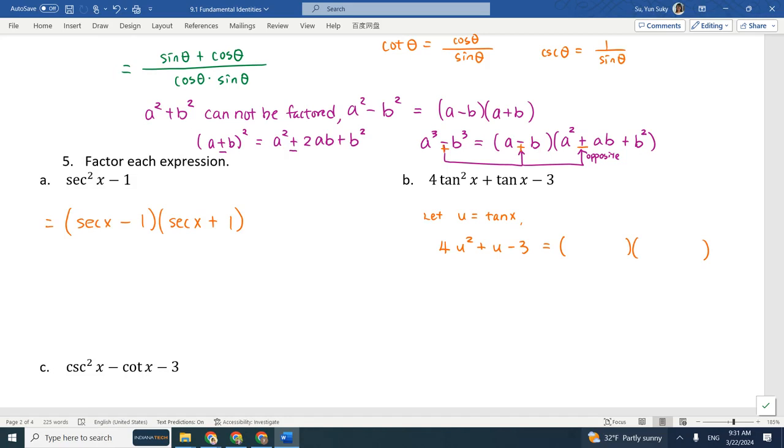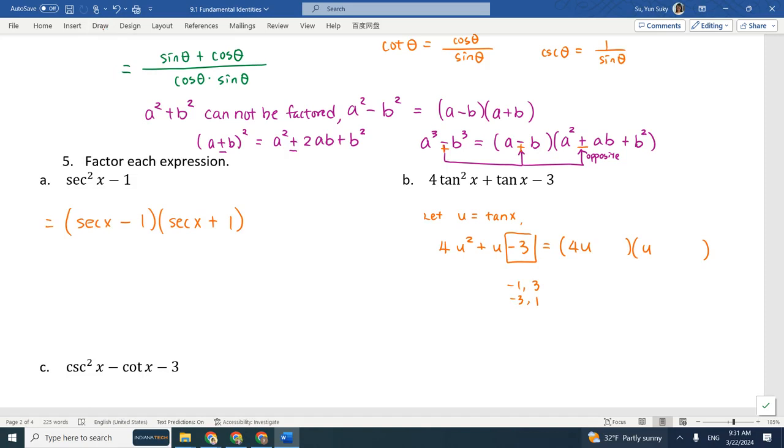So let's pick 4u and u. You put them on the left side of the parentheses. And then you look at the constant term, -3. What multiplied together is -3? It's -1 and 3, or -3 and 1, right? But we don't know which is which.